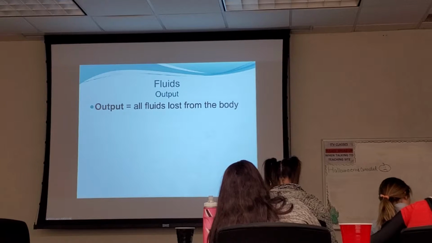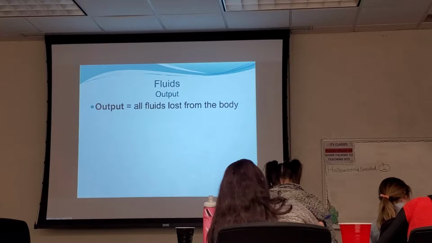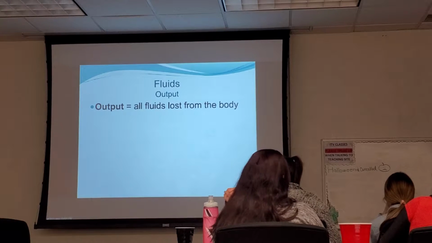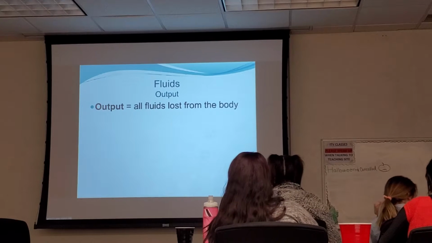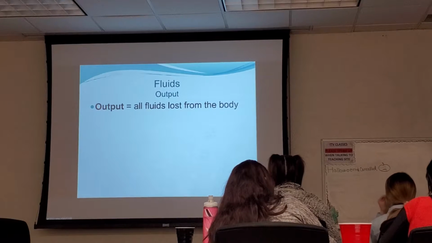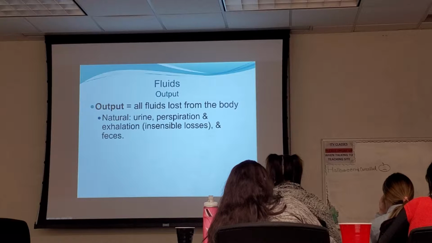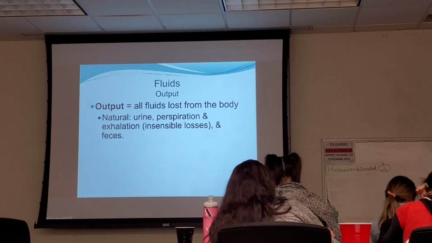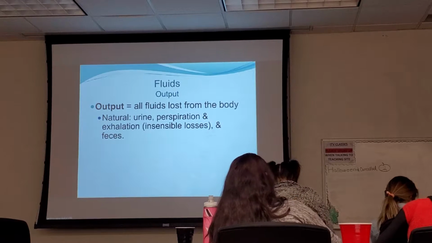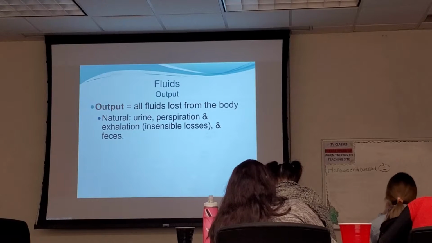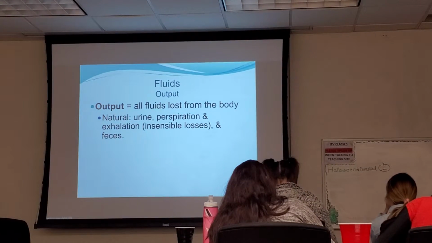Output is all the fluids that are lost from the body. So that's pretty simple. Be careful you're not inclined to say intake and outtake. That's not how we refer to it. It's intake and output. Okay? Natural forms of output include our urine, our sweat, and even the moisture that we exhale as we breathe.